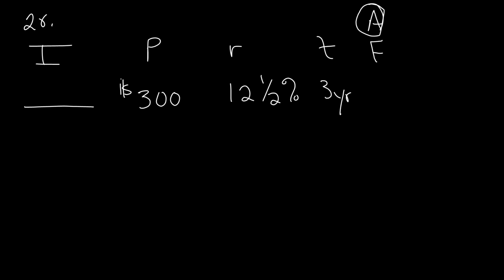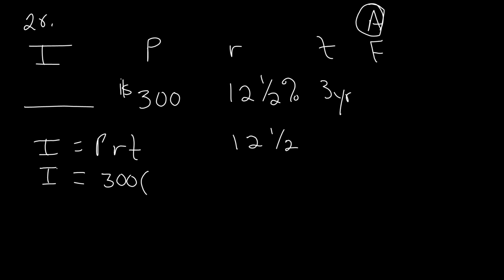So we have our formula, that's interest equals principal times rate times time. We're looking for interest, so we leave that one blank. Principal is 300. Rate is 12.5. So if you need to change that to a decimal, remember we did that back in chapter 4. You could do this one by saying that's 12.5, so we could move the decimal 2 places and we would get 0.125.